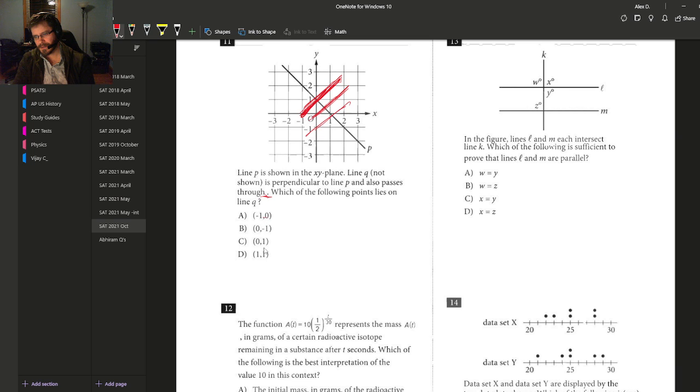-1, 0 is that one. 0, -1 is that one. 0, 1 is that one. 1, 1 is that one. So can I guess based on the options?